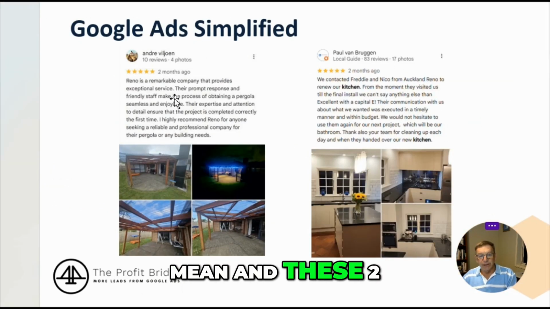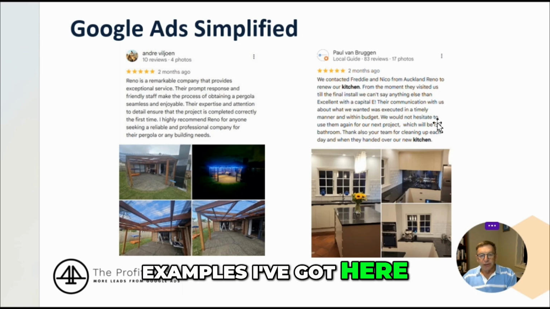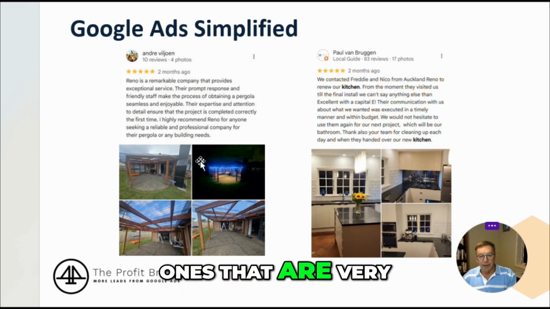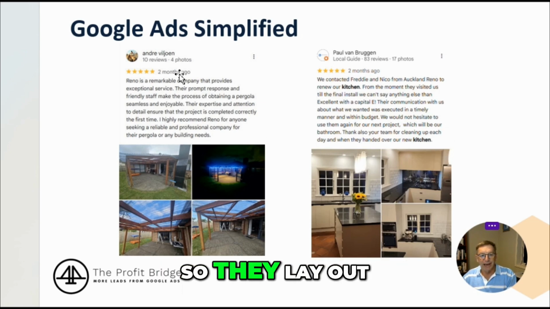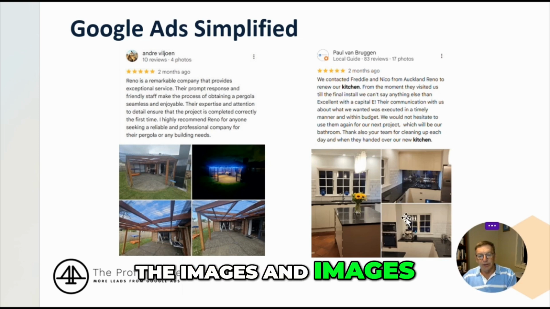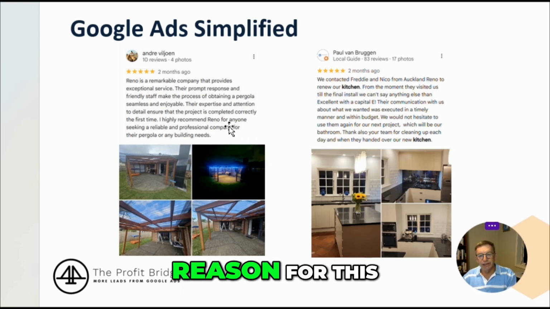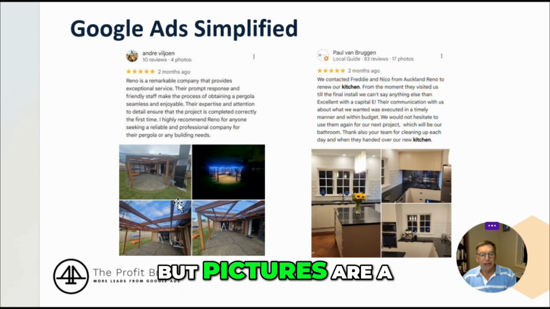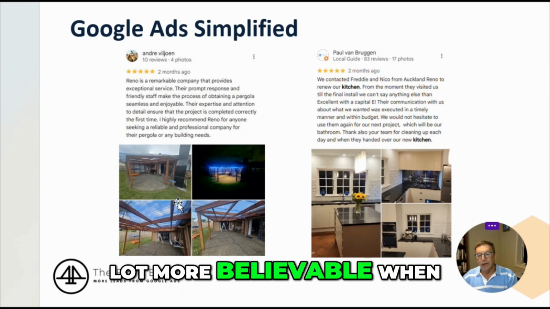And these two examples I've got here, I've tried to pick the ones that are very similar sized, so they lay out well on the screen. Here's the text, here's the text. I've chosen the ones that have images, in both. There's a key reason for this. Text is great, but pictures are a lot more believable when you see them in there.